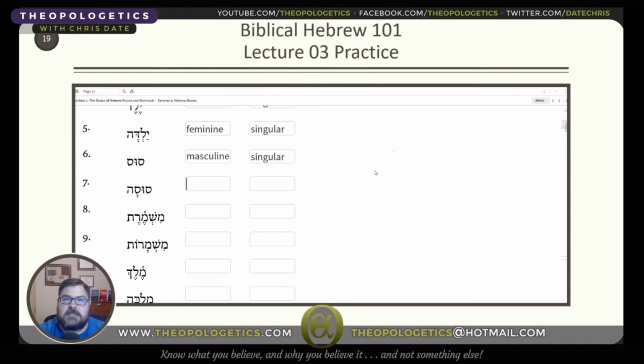It has that characteristic qametz he ending, which is characteristic of feminine singular nouns. And indeed, this is the feminine singular version of sus. It's absolute, so feminine singular absolute. And again, I don't know if a lexicon will list sus and susa separately. They refer to the same thing, a horse, but one of them is masculine, the other is feminine. So susa means female horse or mare.